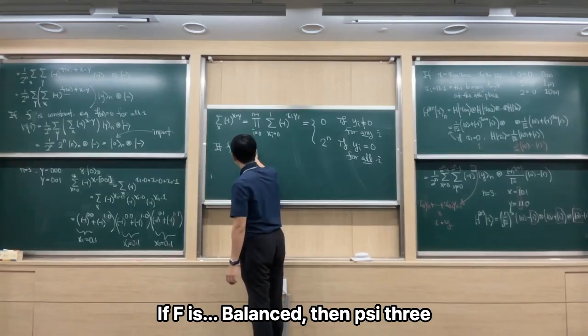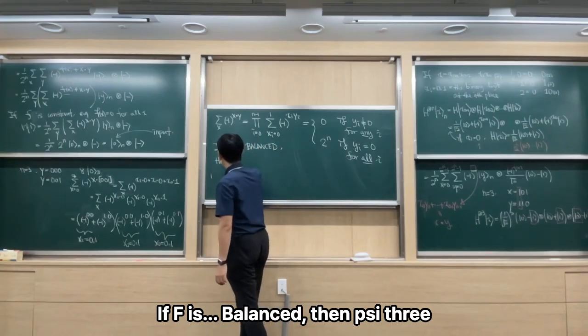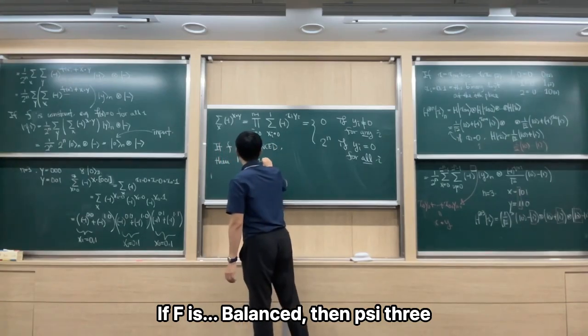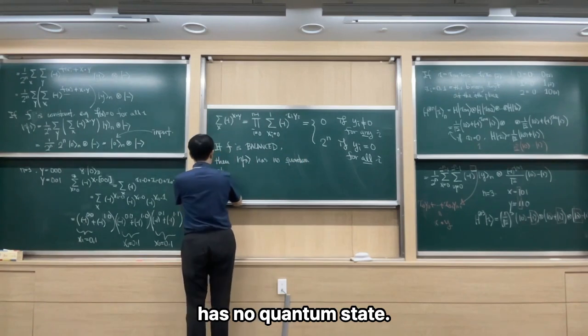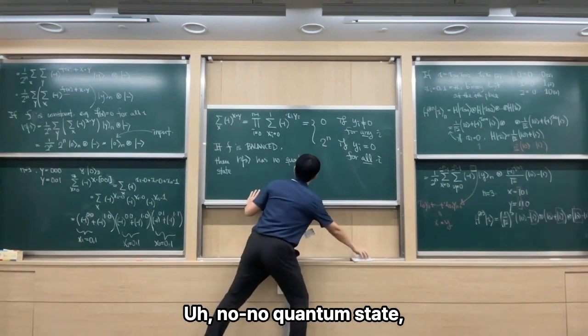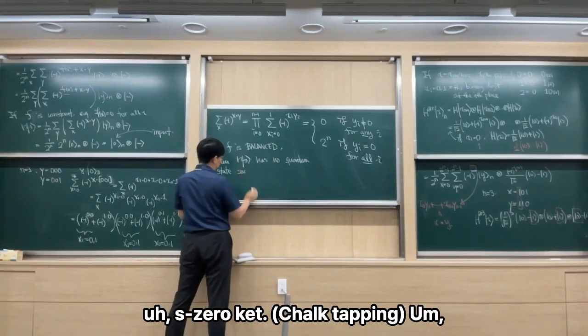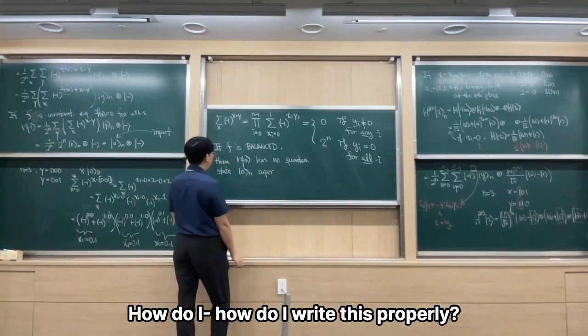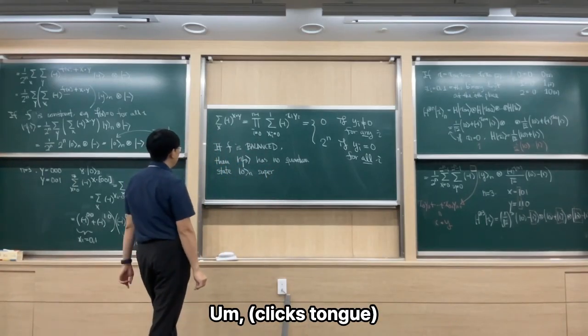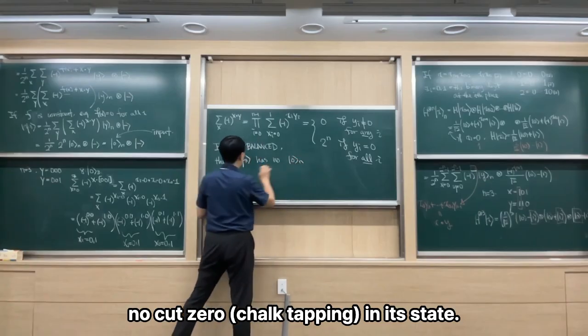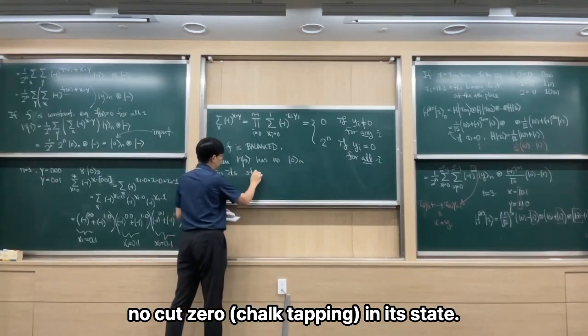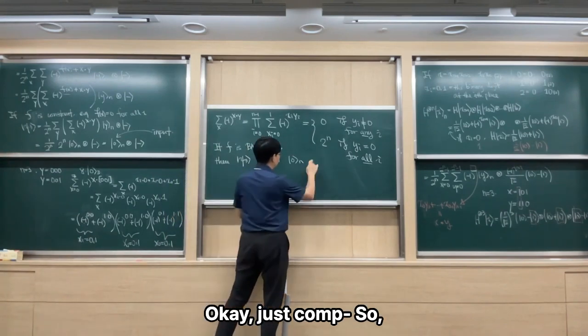If f is balanced, then psi 3 has no zero ket in its state.